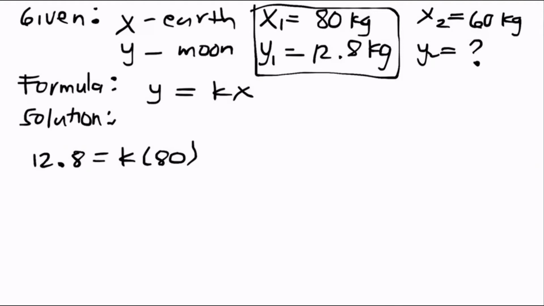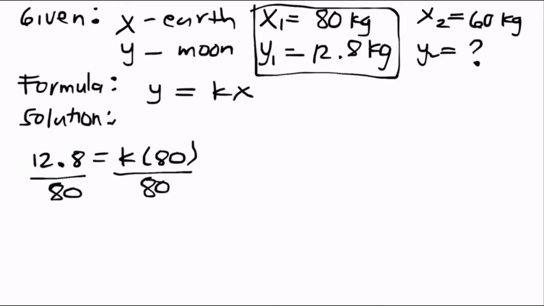So in step number 2, we will now identify the value of k. In identifying the value of k, we need to remove the numbers beside k. So what will happen? 80 will be removed by dividing both sides by 80.